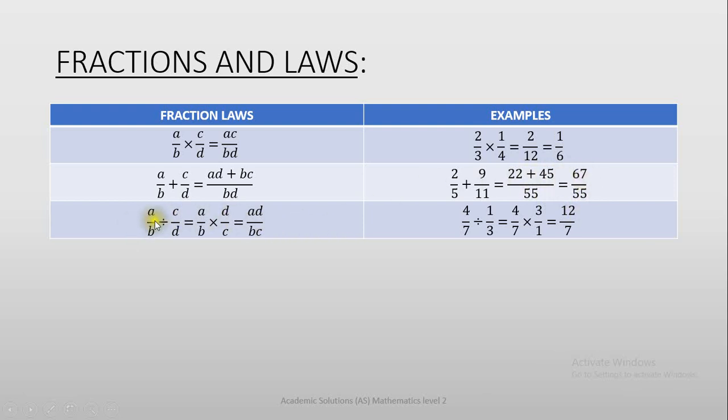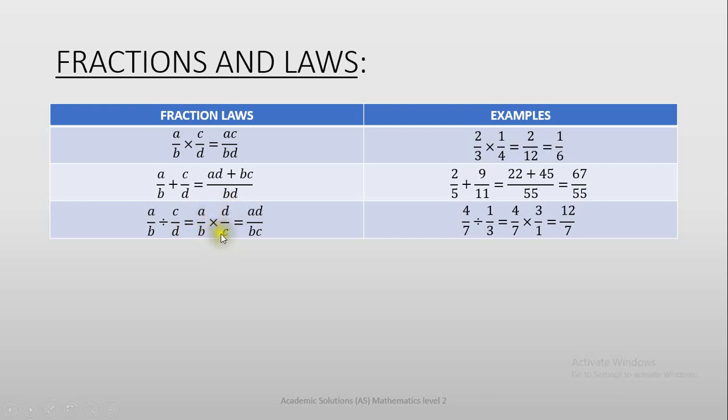So the last law says A divided by B divided by C divided by D. As you can see on our next step here, we took this part and then we swapped it. We took D to the numerator and C to the denominator. That's why we have it here.